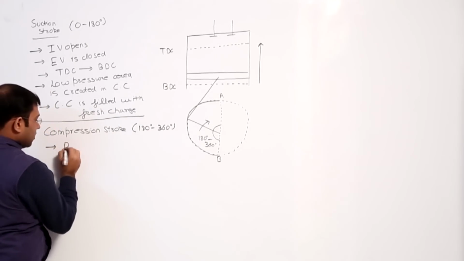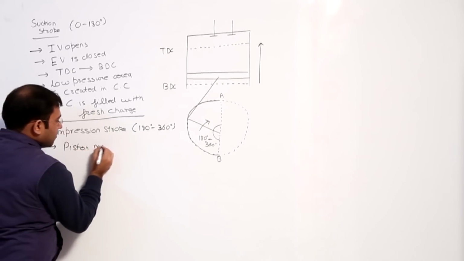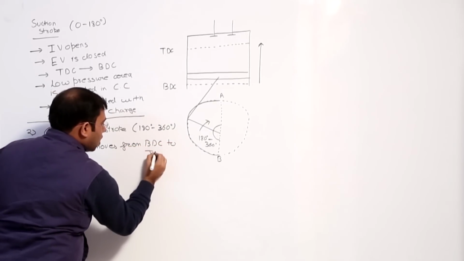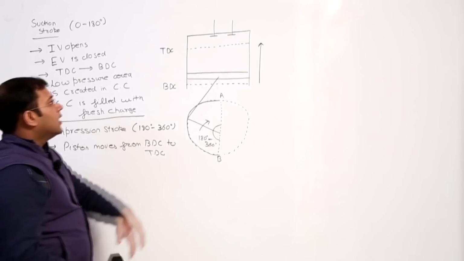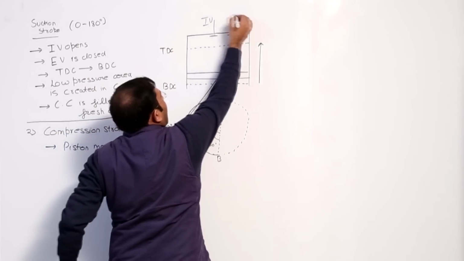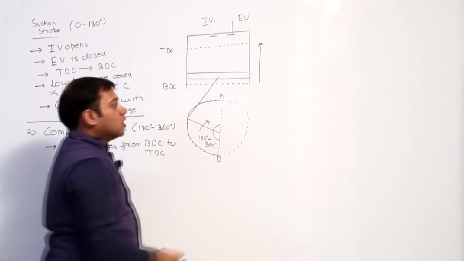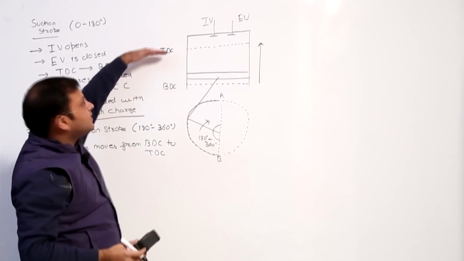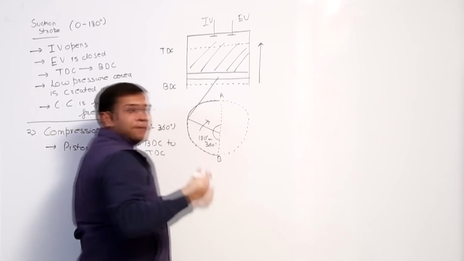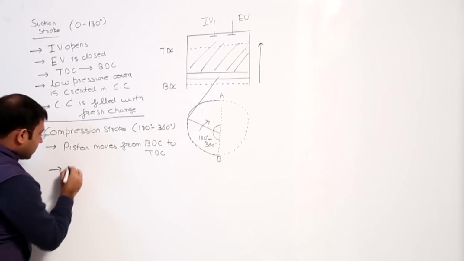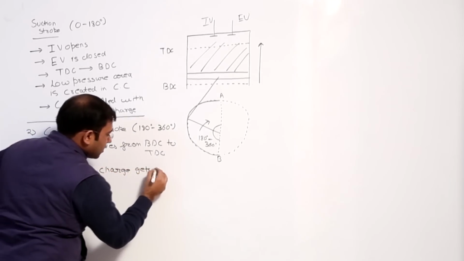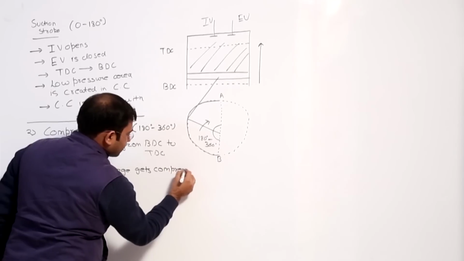In this stroke both the inlet valve and exhaust valve are closed. So when the piston is moving from bottom dead center to top dead center, the fresh charge gets compressed. Fine.